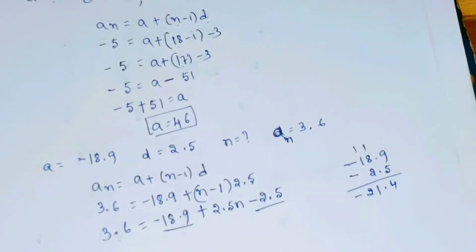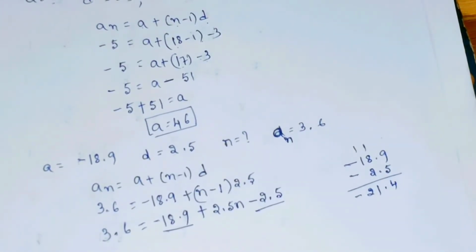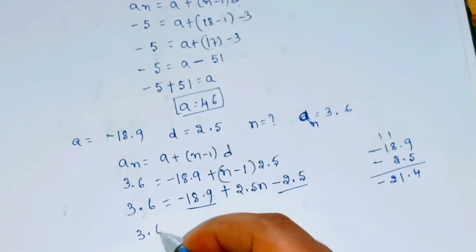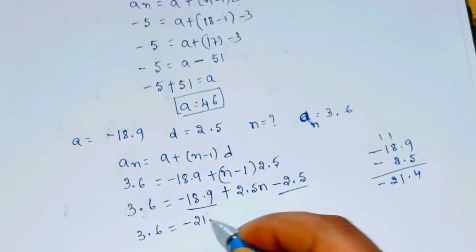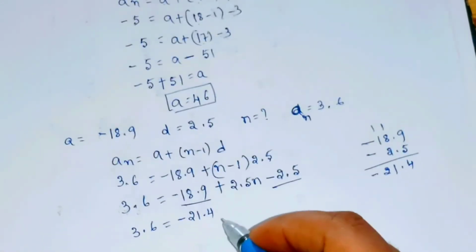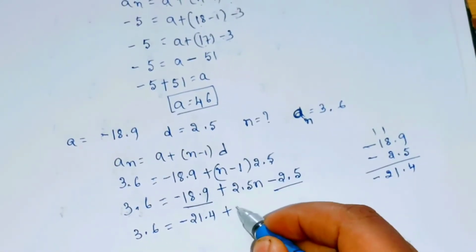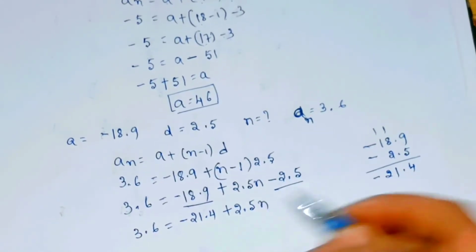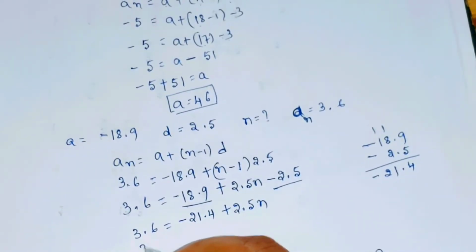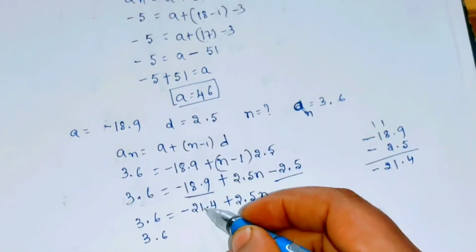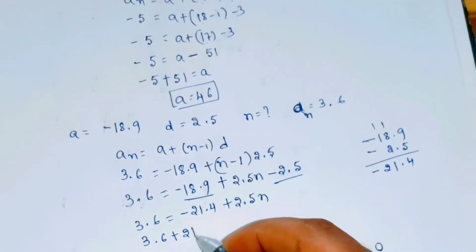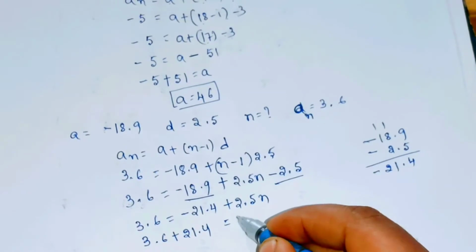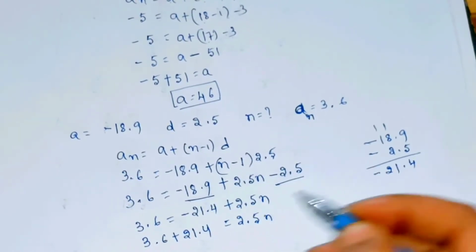That is minus 21.4. 3.6 is equal to minus 21.4 plus 2.5n. Now 3.6, if I shift this to the left hand side, it will become plus 21.4 is equal to 2.5n.